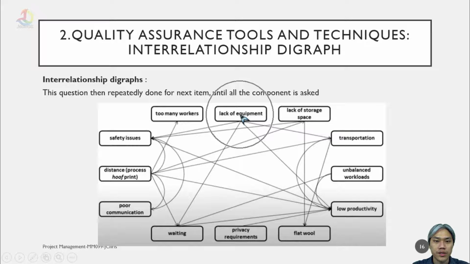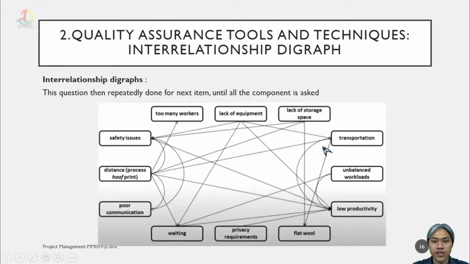There's no relation between lack of equipment and privacy requirement, but there is a relation between lack of equipment and waiting, so we put that arrow too, and so forth. After lack of equipment, we go to lack of storage space. Lack of storage space drives the flat wool.